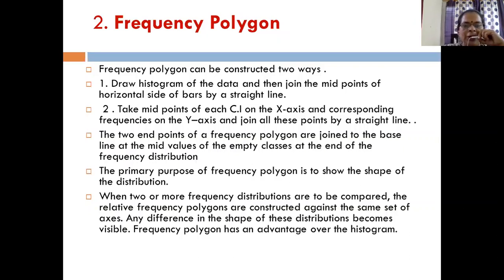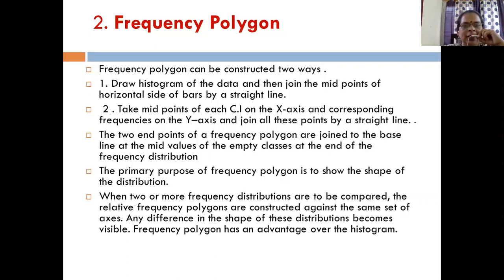Suppose you are not using the histogram, you take the midpoint of each class interval on the x-axis and the corresponding frequencies on the y-axis. Then you join those points with a straight line.